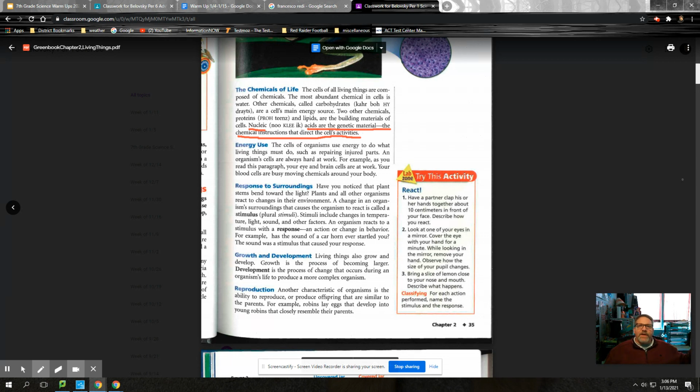I got my dad's big feet. My dad has these huge, gigantic feet. And my mother's side of the family, the majority of them had itty bitty feet. Well, most people on my dad's side of the family have big feet. I got big feet. So chances are my dad gave me big feet. That means the genetic material, the nucleic acid, passed on that genetic material that allowed me to have big feet.